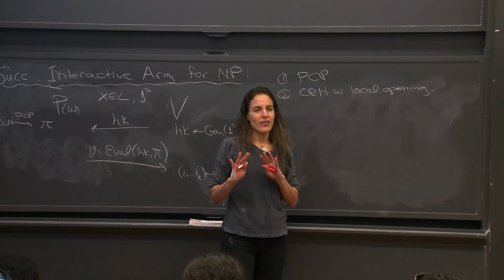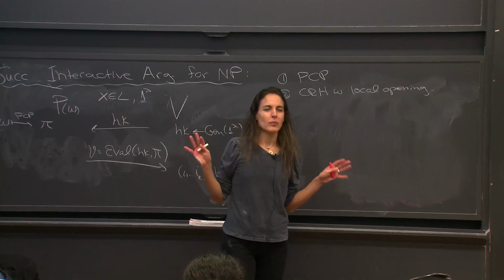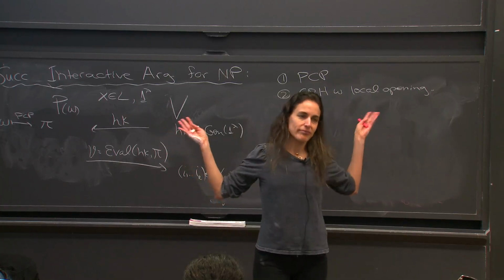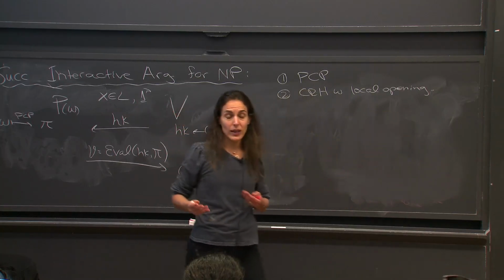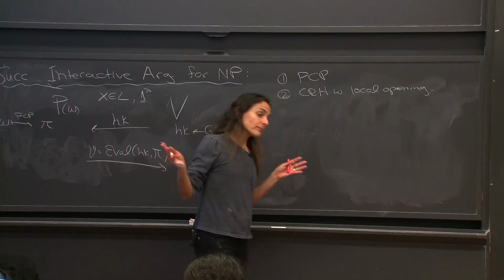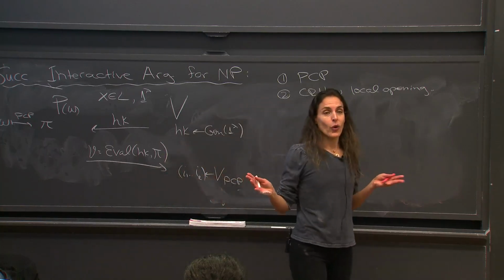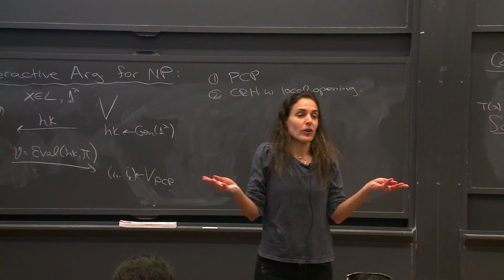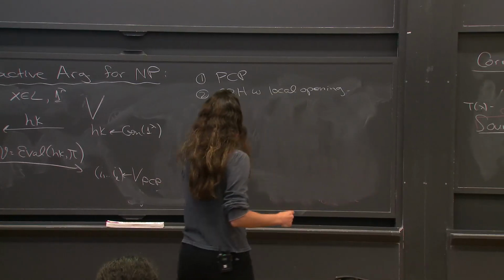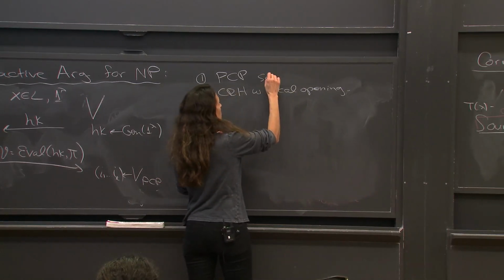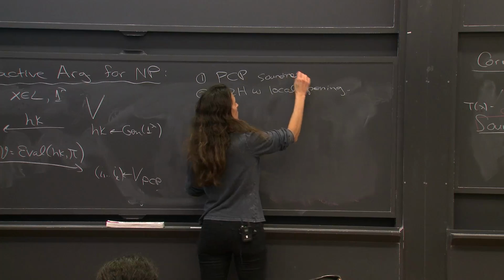Usually we think of the completeness as 1 because all our PCPs actually have completeness 1. It's easy to construct them with completeness 1. Soundness, we pay for soundness. So the more queries you get, the better soundness you get. And here we're going to always assume that the soundness is negligible.